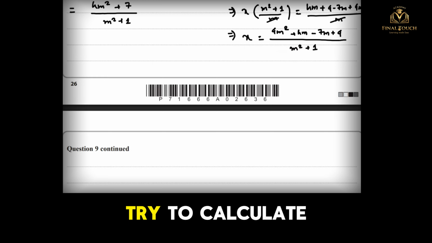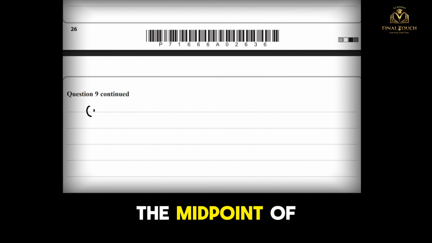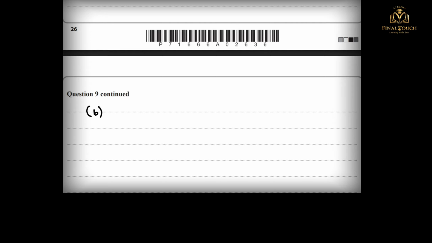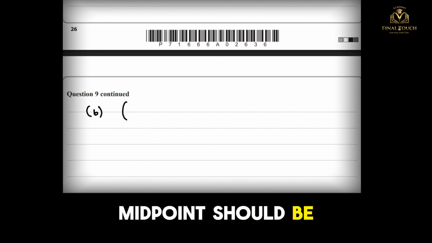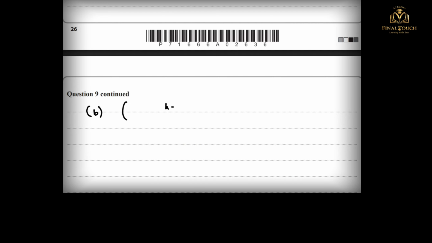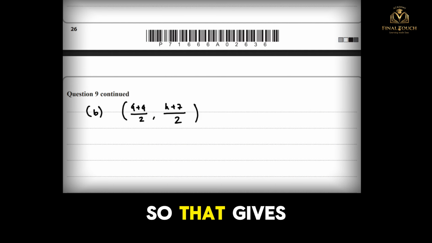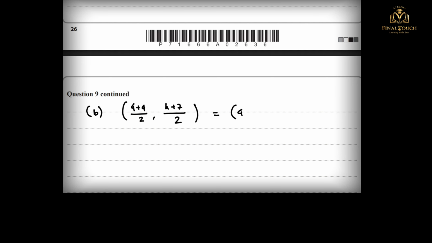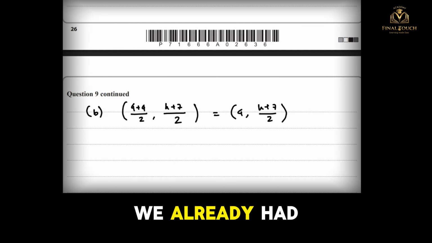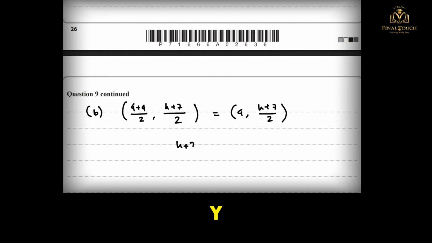If we try to calculate the midpoint of A and B, I believe the midpoint should be 4 plus 4 by 2, and k plus 7 by 2. So that gives us 4 comma k plus 7 by 2. We already had the equation of y.